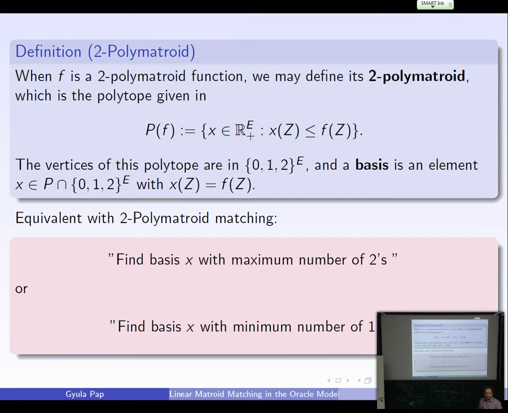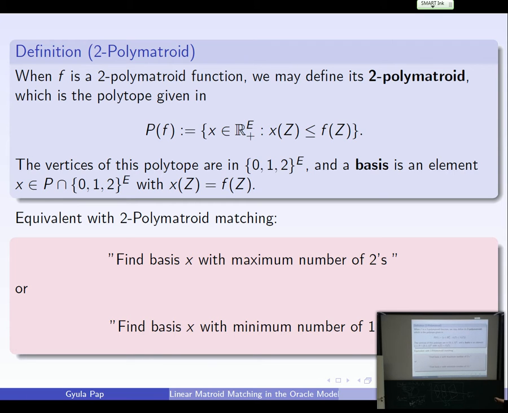So let me try to explain what's going on if we would only use the rank function oracle and not the matrix. I would explain something like a translation of Gabow and Stallmann. If you have a 2-polymatroid function, then you can define this polyhedron where the sum of variables over a subset Z, x(Z), is bounded by the rank of that subset.